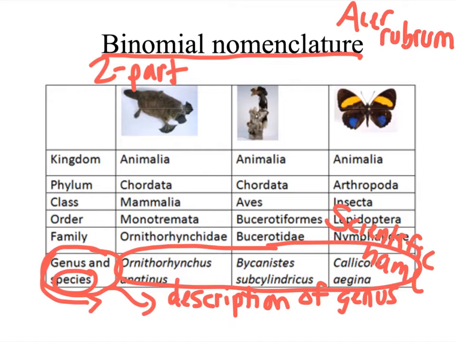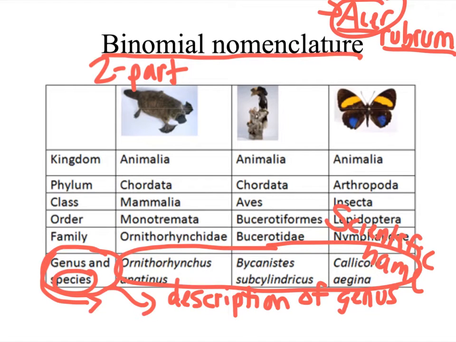By the way, when you write a scientific name, capitalize the first letter of the genus, everything else lowercase, and then underline it, or you can italicize. So Acer rubrum, Acer is the genus and rubrum is the species. Now what we mean by species is the description. Rubrum means red, Acer means maple, so it's the red maple.